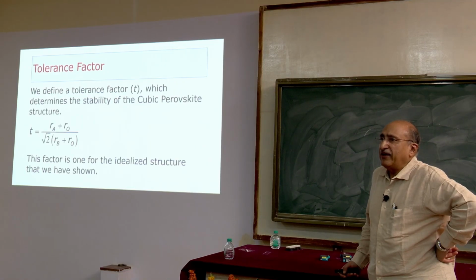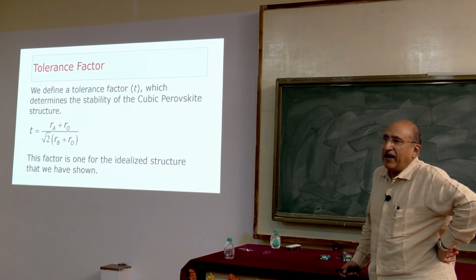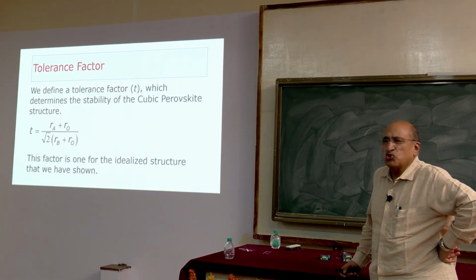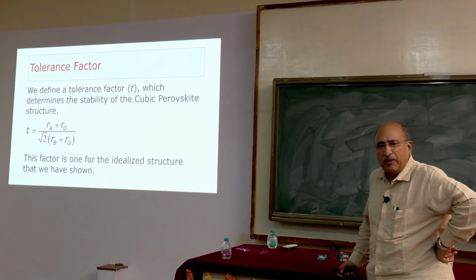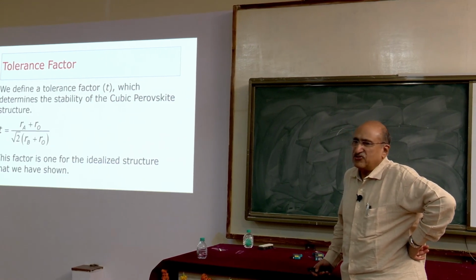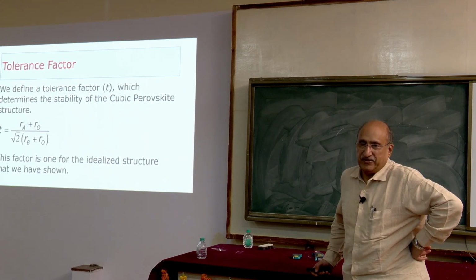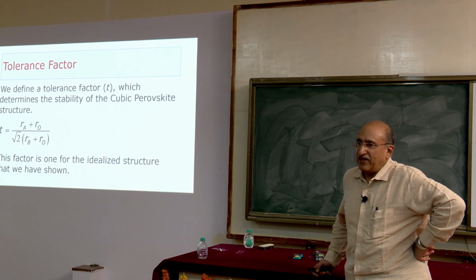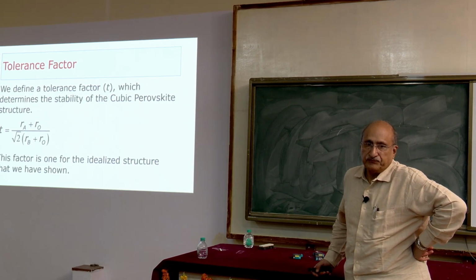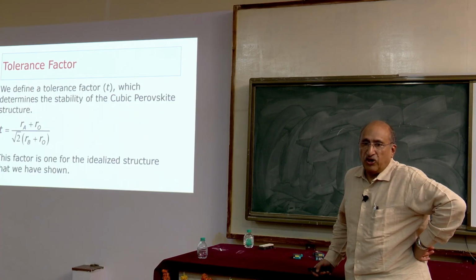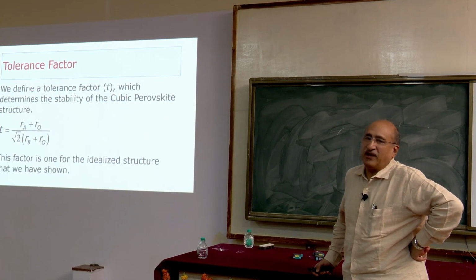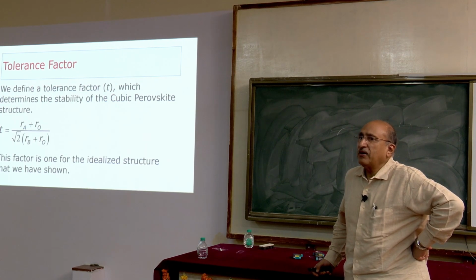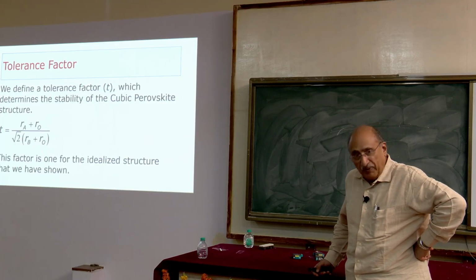Now, if you are taking realistic values of Ra, Rb and Ro, if these lie somewhere close to 1.9, 0.85, 1.5, then this will still retain the perovskite structure. Otherwise, it will start distorting. And distortion can be of multiple types. And that's what makes perovskite materials very complicated and very interesting.